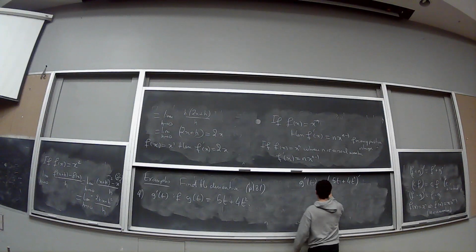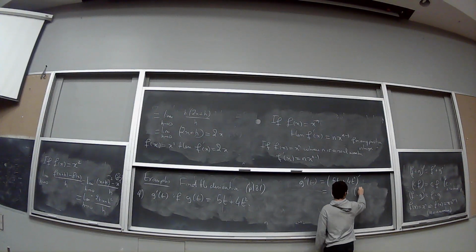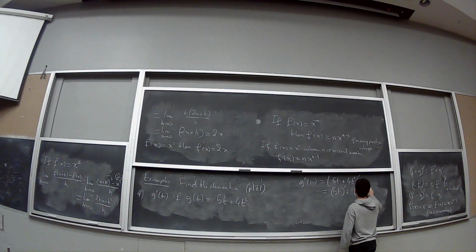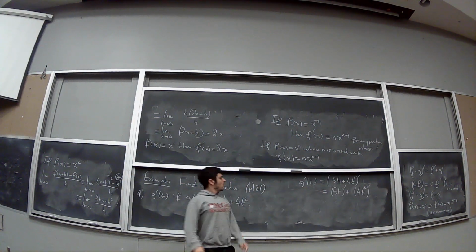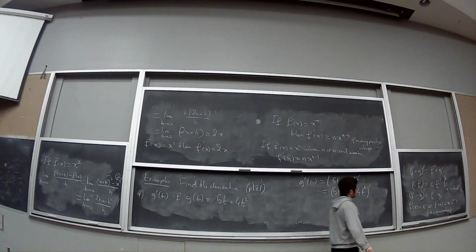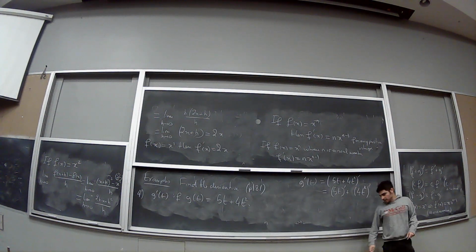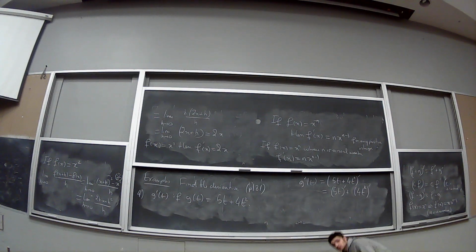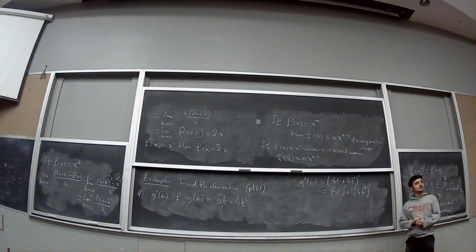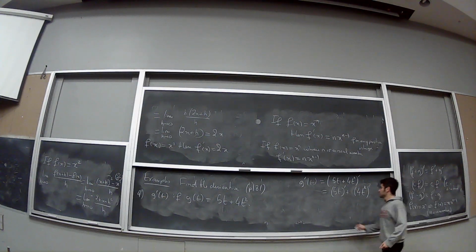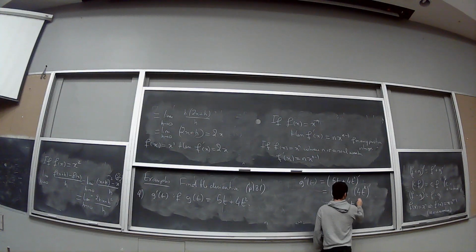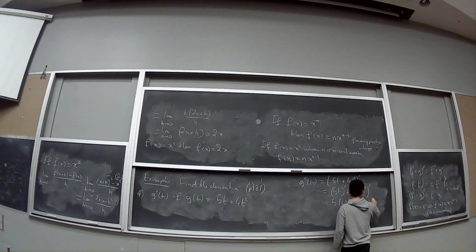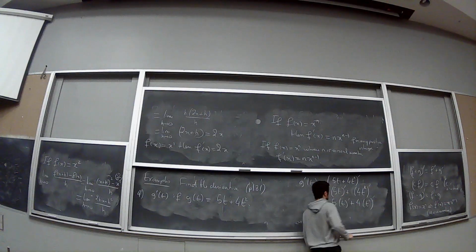So I have to differentiate 5t, and then I have to differentiate 4t squared. Now, what do I know about the derivative of a constant times a function? It's that constant times the derivative. You see that or not? So this is 5 times t prime plus 4 times (t squared) prime.